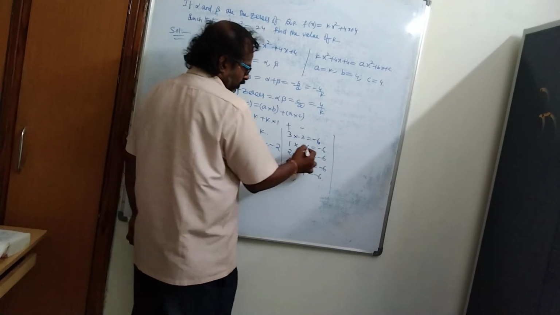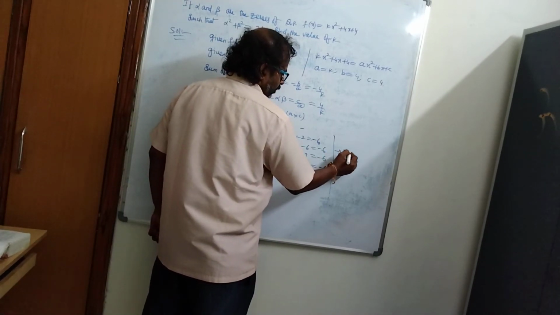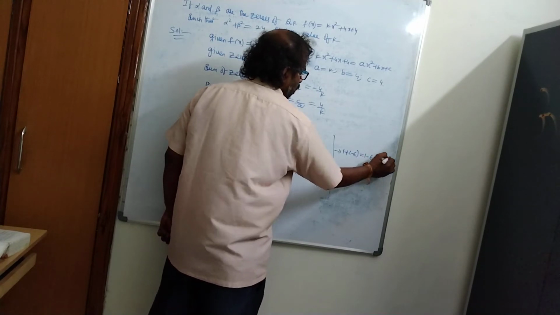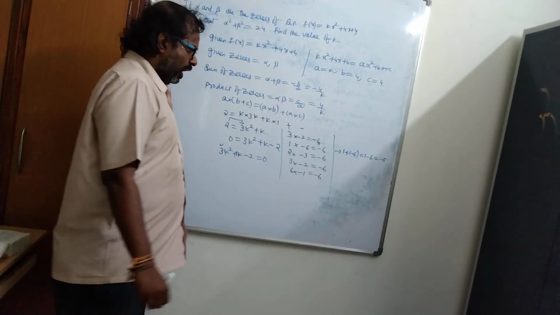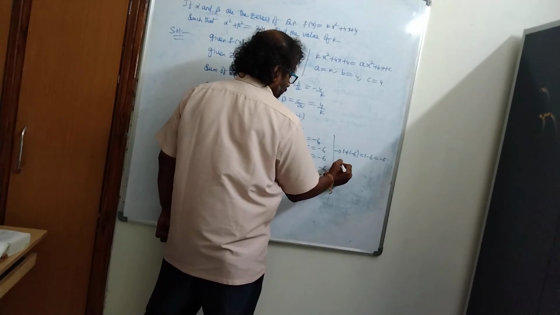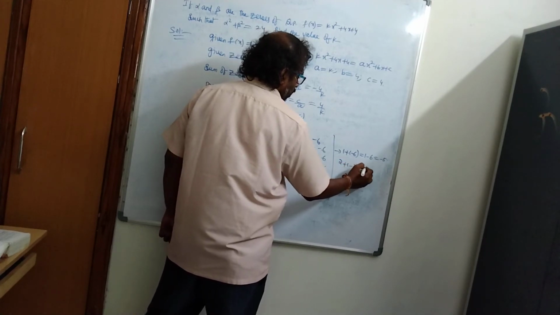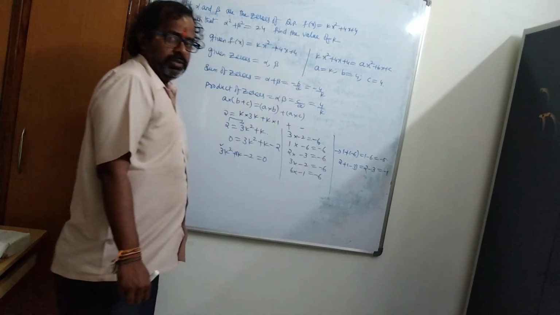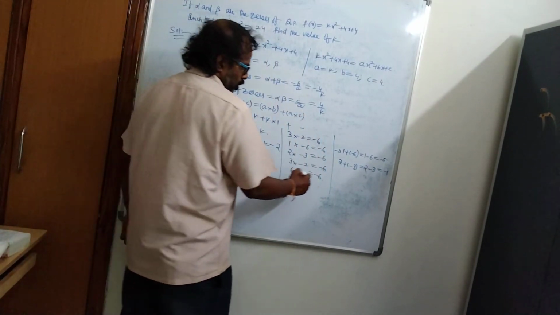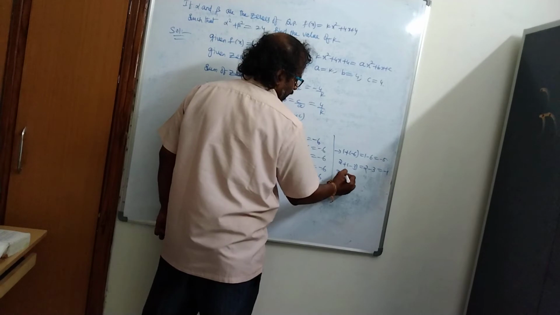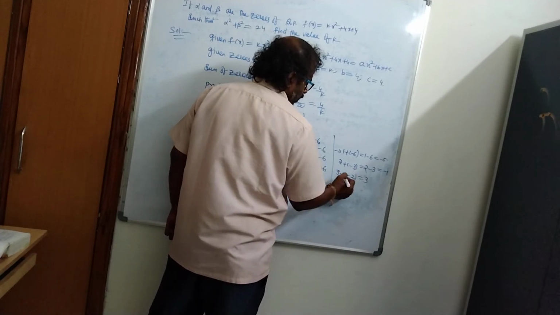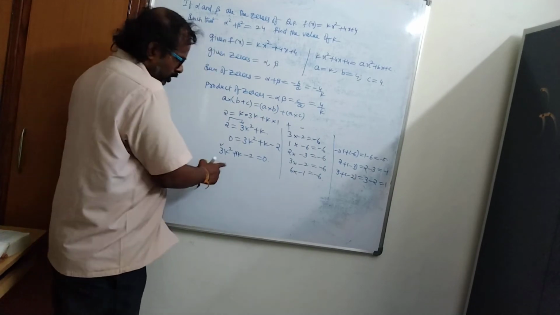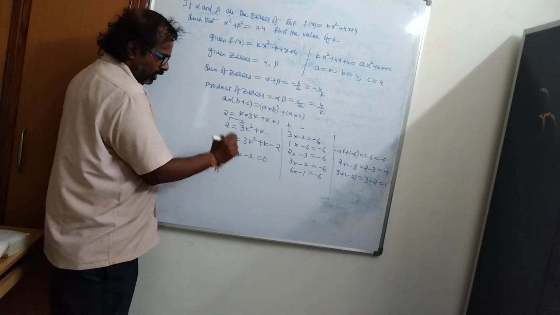So let us take first here 1 plus minus 6, 1 minus 6, minus 5, and here 2 plus minus 3, 2 plus into minus, minus 3, it is minus 1. So next 3 plus minus 2, 3 plus into minus, minus 2, it is 1. So coefficient of k here it is 1.